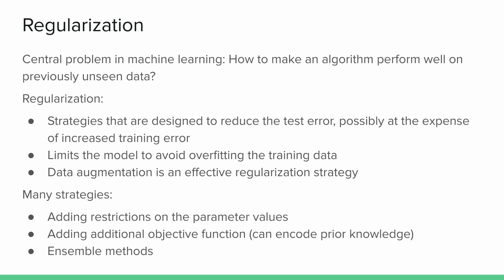Some add restrictions to our parameter values, some add an additional objective function. We've already talked about these auxiliary functions, for example, in reinforcement learning. So we can encode some sort of prior knowledge that we have about the underlying problem. And of course, we can use ensembles, where we have multiple networks that work together.